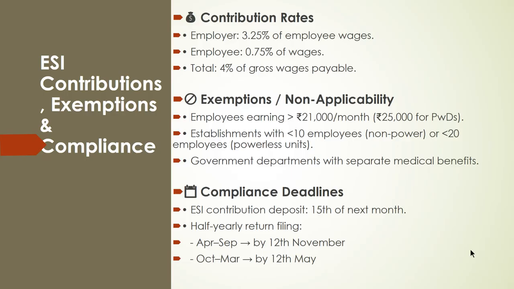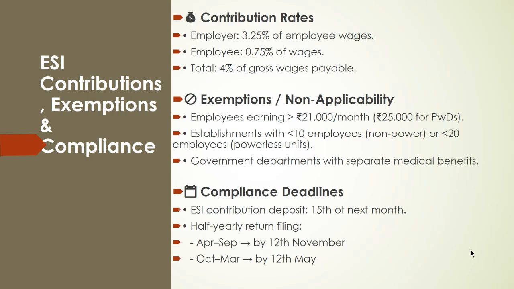Now you compare PF and ESIC. I have already mentioned the rates of contribution for ESIC and EPF. In EPF it is 12% employer, 12% employee, 0.5% administration.